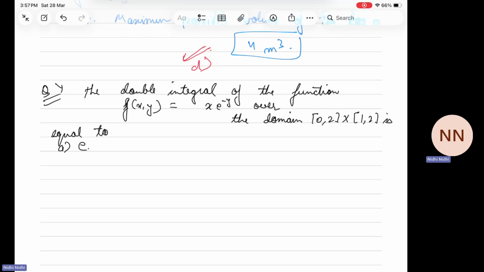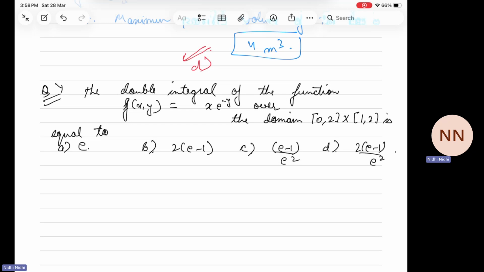First option, e to e minus 1, e minus 1 by e square, or 2(e minus 1) by e square. So it's just calculative. I hope you are all well aware of that high school integration.